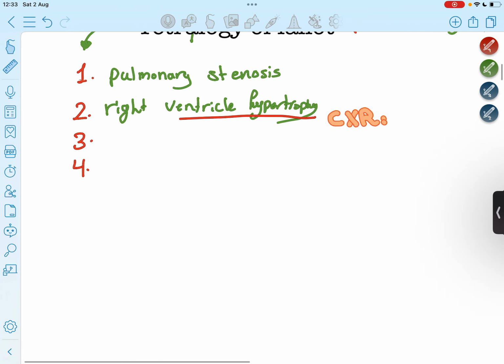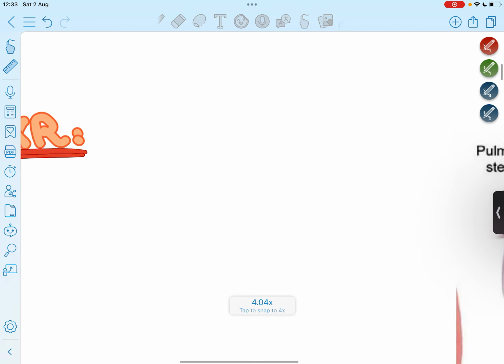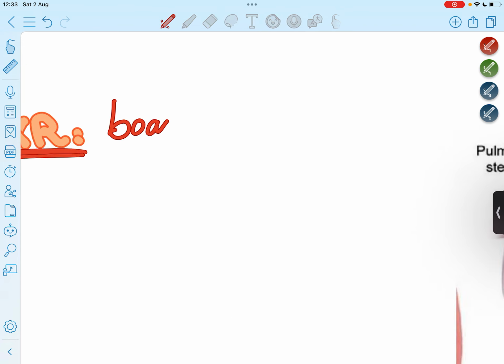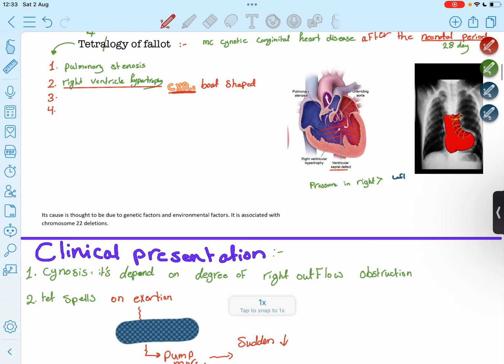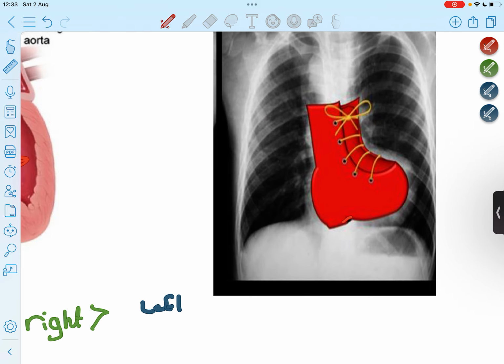And right ventricular hypertrophy, when we see it on chest X-ray, gives us a pot shape, like this in the picture.